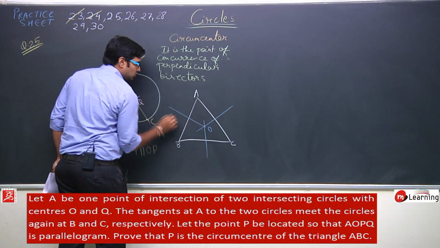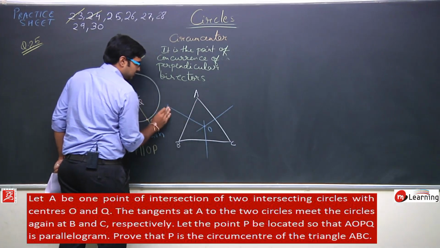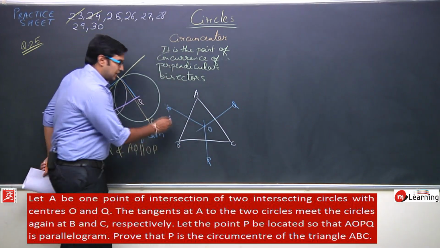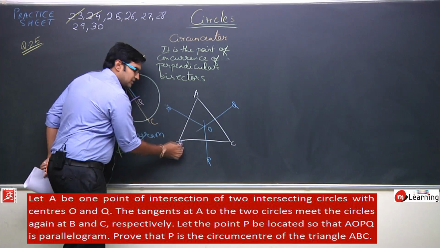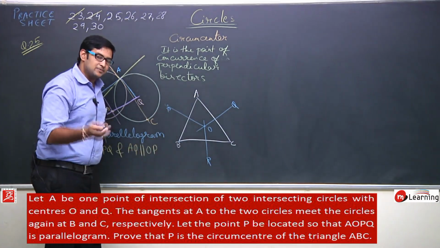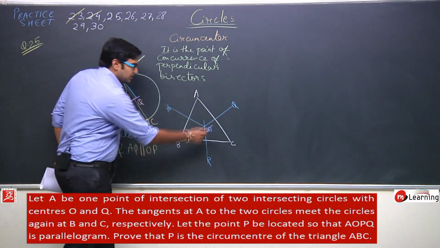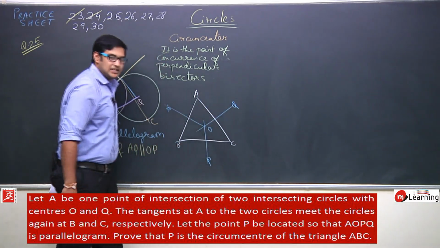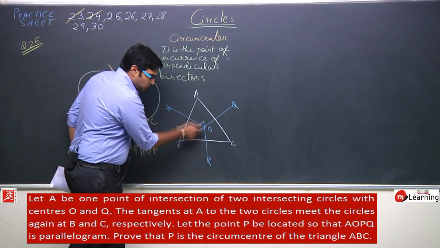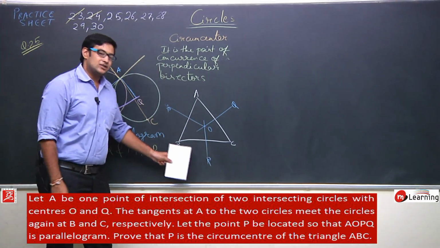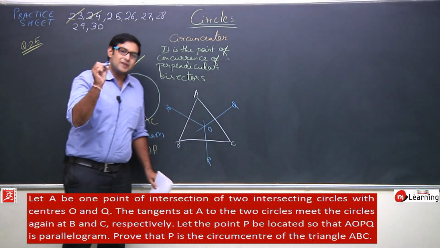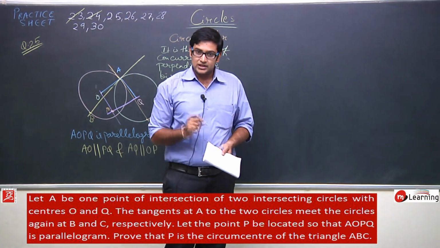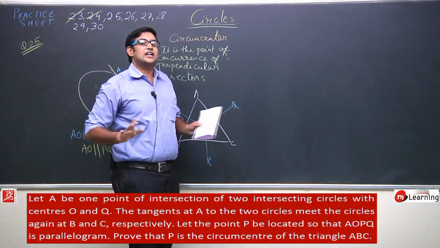Let us say this point is O, and these are P, Q, R. If I draw a perpendicular bisector PO which is bisecting AB side and is perpendicular to this side also, if I draw QO which is a perpendicular bisector of AC, and if I draw OR which is perpendicular bisector of BC, these 3 perpendicular bisectors will meet at a single point. This will happen in each and every triangle.